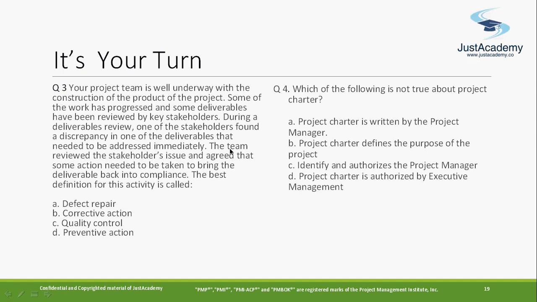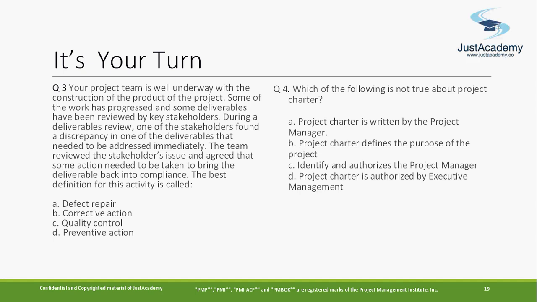So there is some bug, or maybe the team reviewed the stakeholder issue and agreed that some action needed to be taken to bring the deliverables back into compliance. The best definition for this activity is defect repair, corrective action, quality control, or preventive action. What is the difference between defect repair and corrective action?